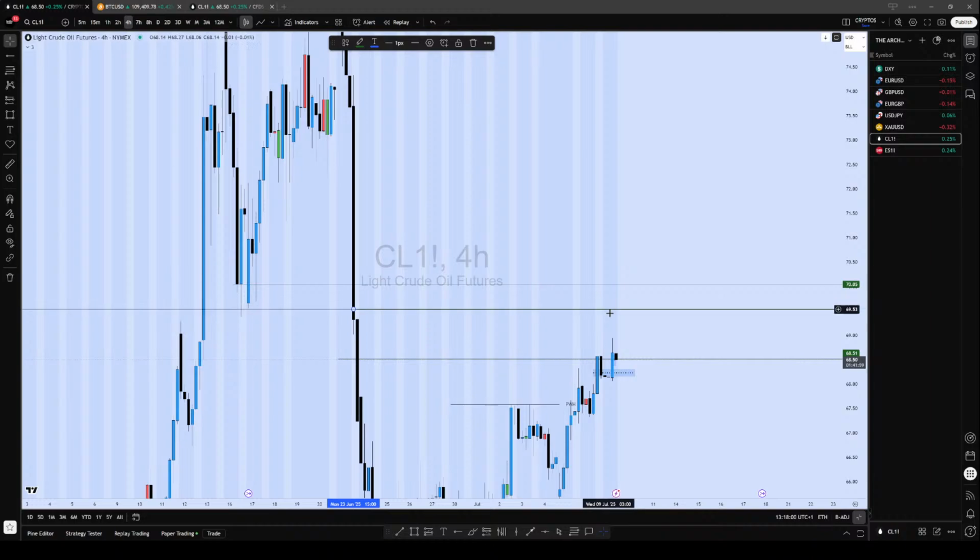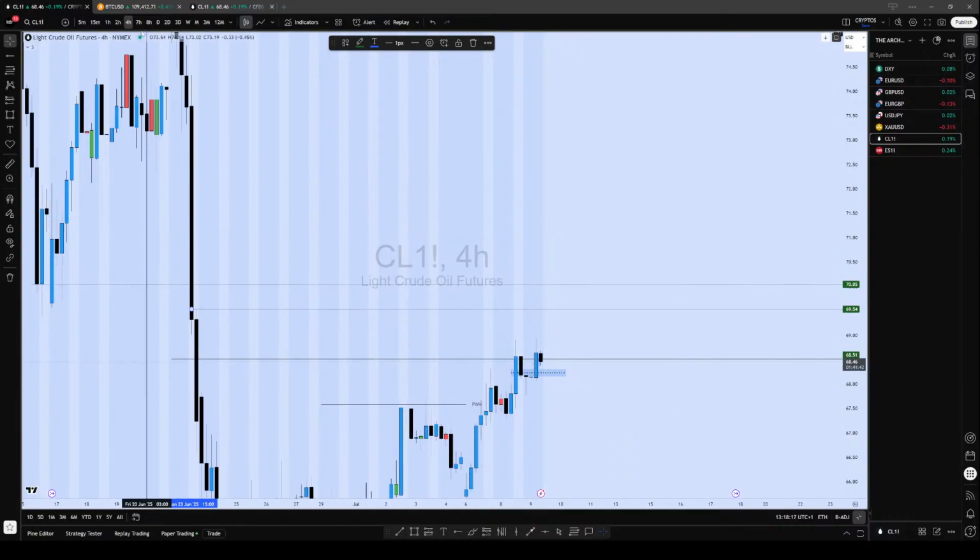You can start anticipating price pausing like this. It gets there and it won't continue. You just stay for some time and then eventually it will continue.